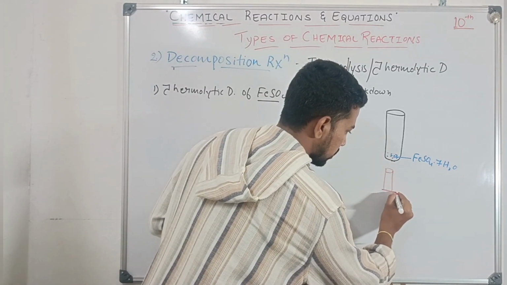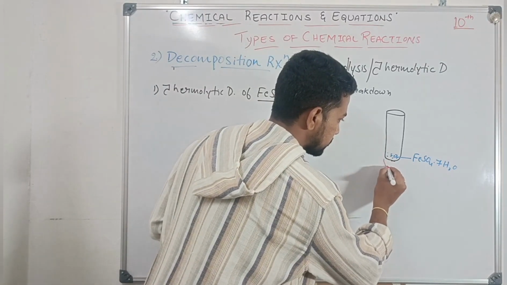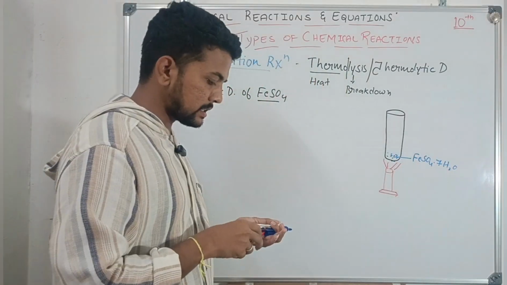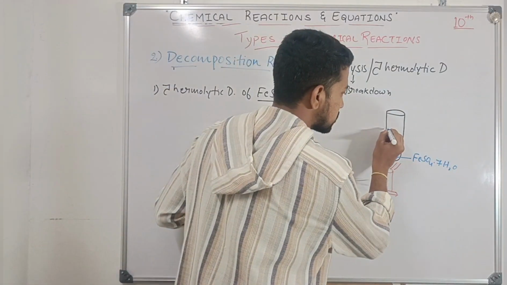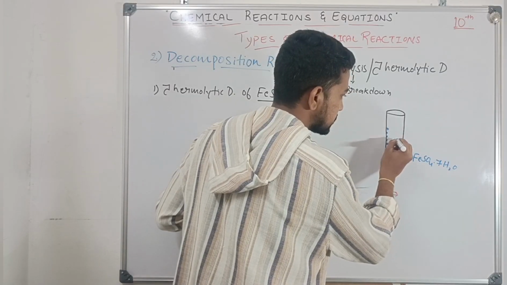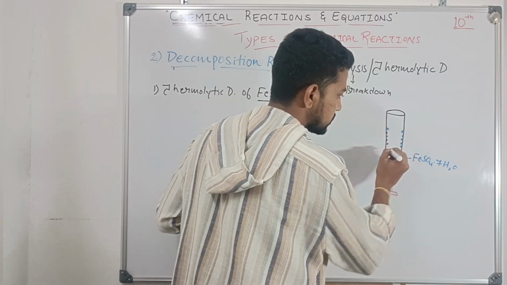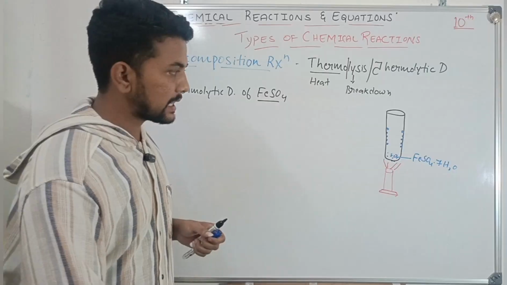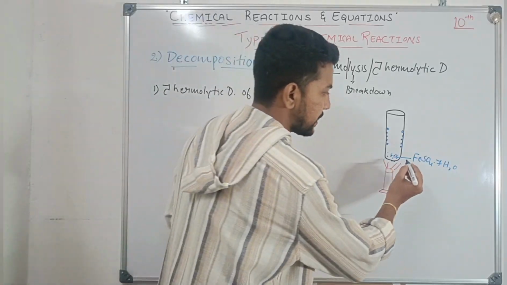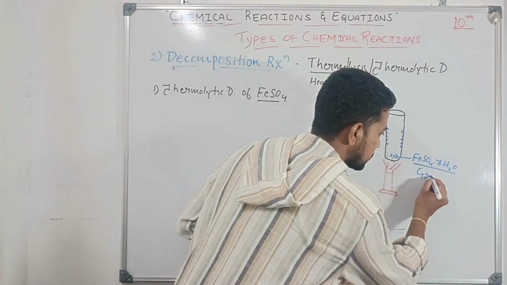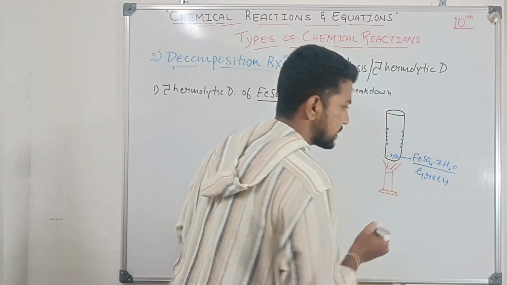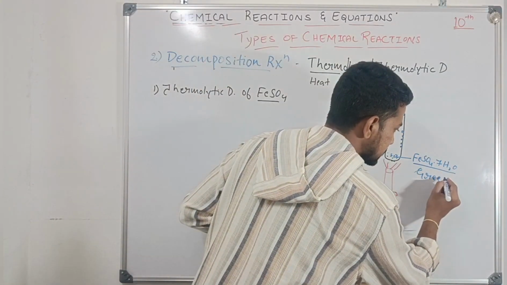When you heat the test tube with the help of a burner, there is a formation of bubbles or water droplets on the surface of the test tube. Basically these ferrous sulfate crystals are green in color.